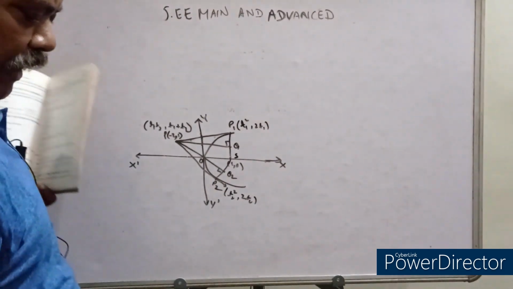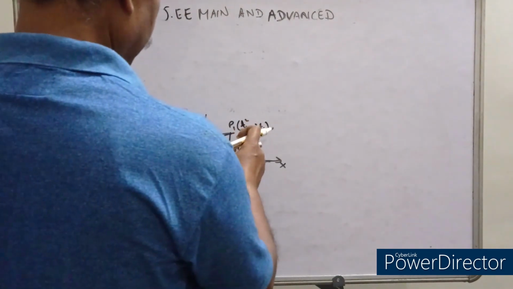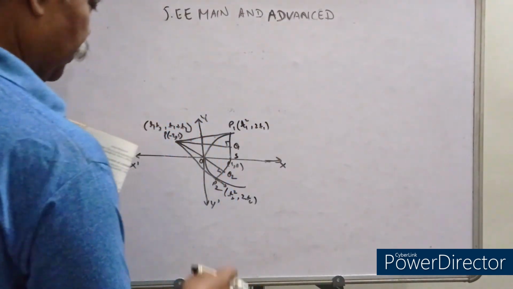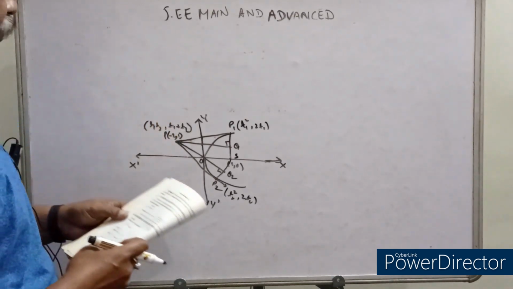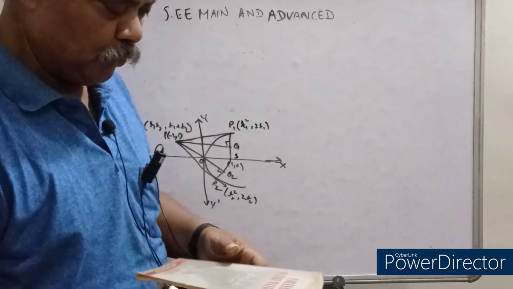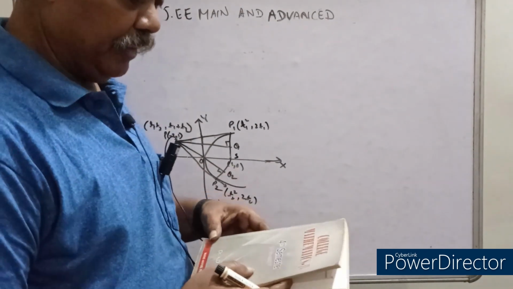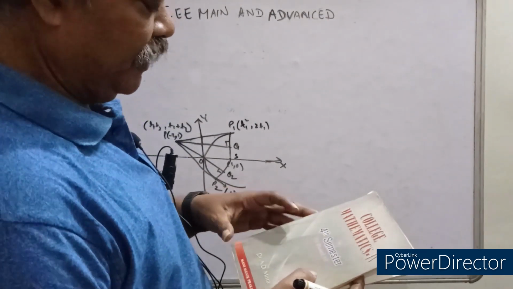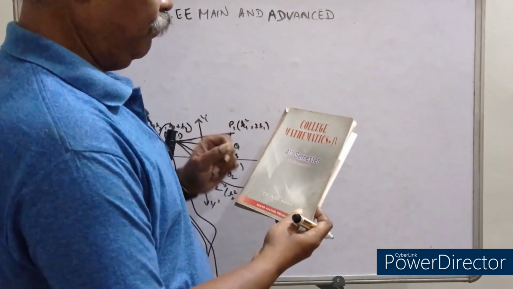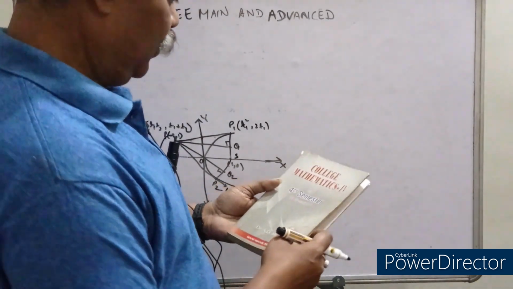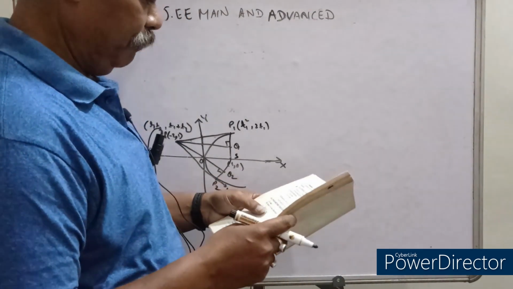Now the main question arises, why I have taken this point P1 (t1 squared, 2t1), P2 (t2 square, 2t2) and this (t1 t2, t1 plus t2). This theory is given in your TDC 4th semester. You have to apply this theory to solve this question.